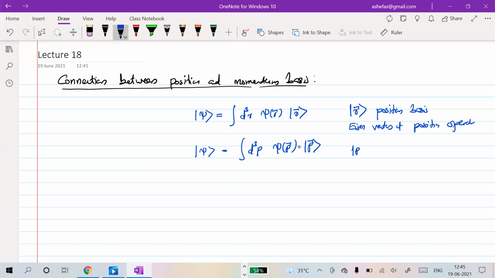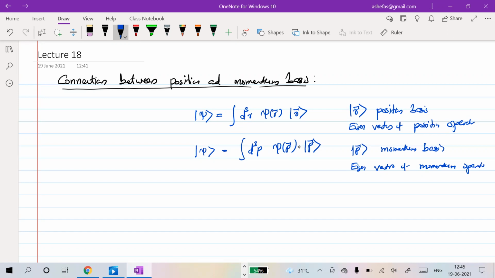And similarly, the ket vector p is the momentum basis vectors, and they are the eigenvectors of the momentum operator. Now, since both these representations are representations of the same vector, there must be a connection between them.